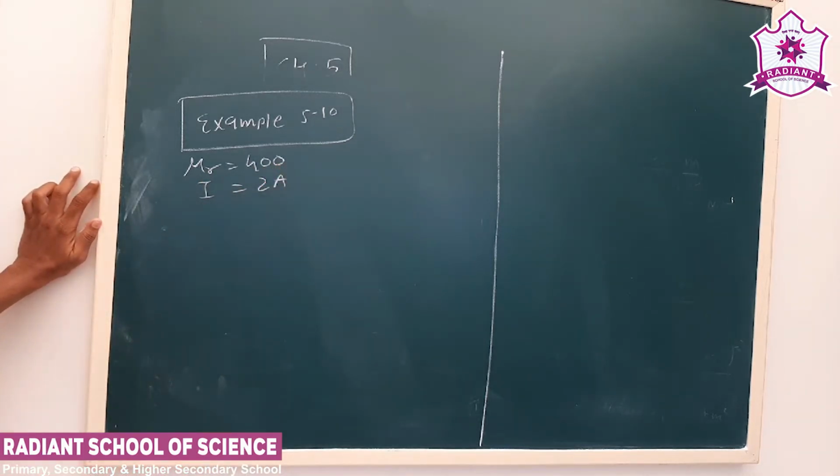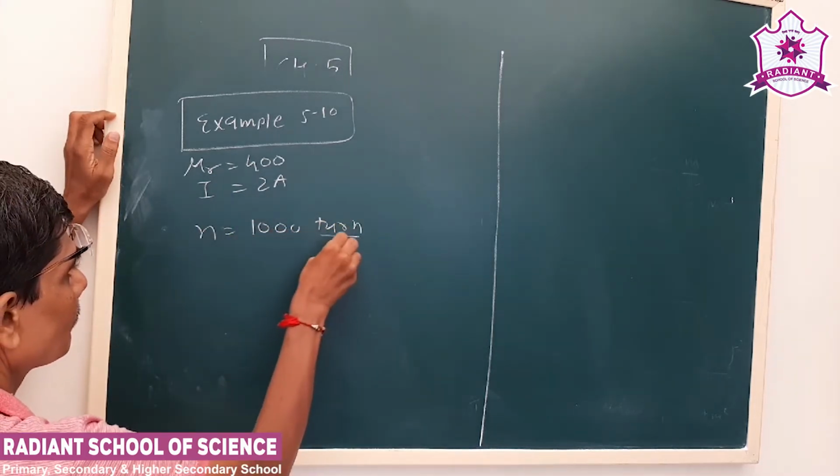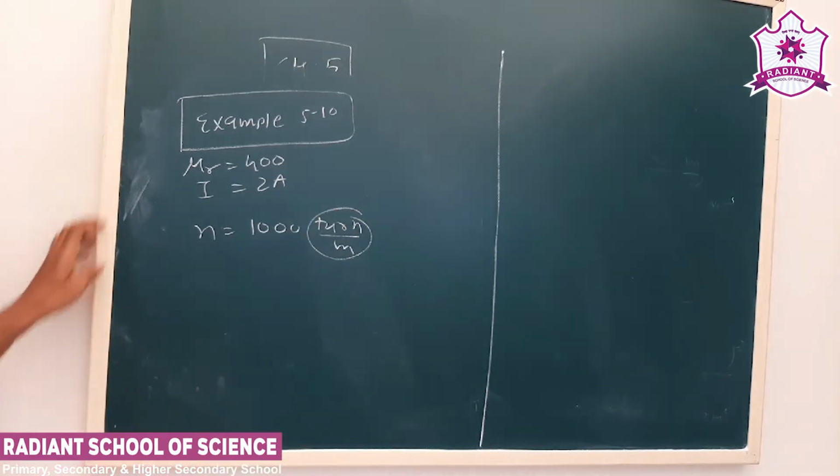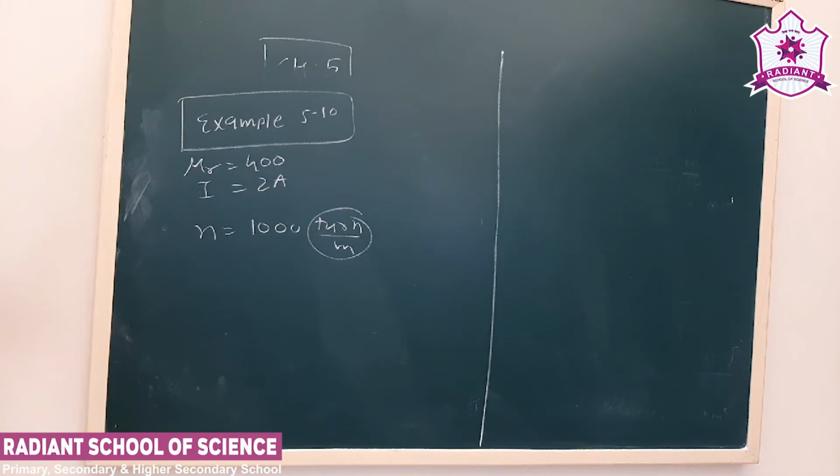The number of turns n is 1000 turns per meter. Now this should be in ampere units, but right now it is given in amperes only, so we need not convert this. We have to find out a number of things.